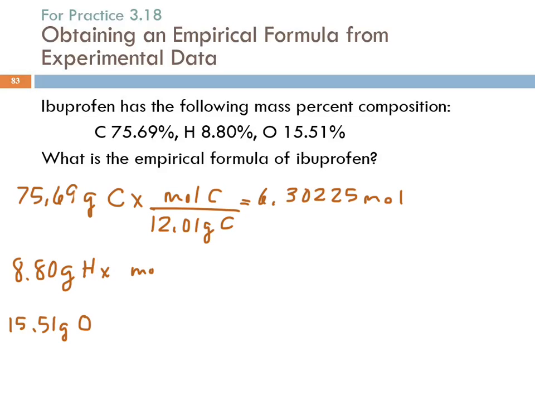Hydrogen, mole of hydrogen, over 1.008 grams. You can see how it's handy to have some of these molar masses memorized. And it's not that you actually set out to memorize them, it just kind of happens because you use them so much.